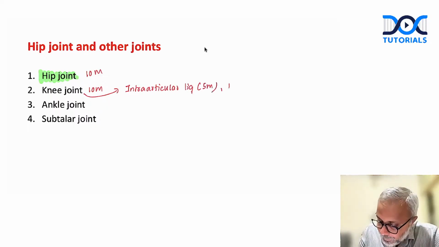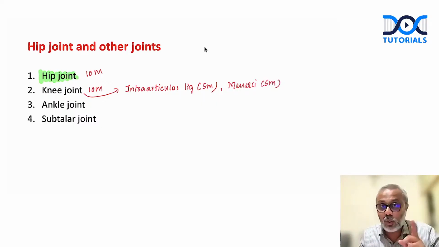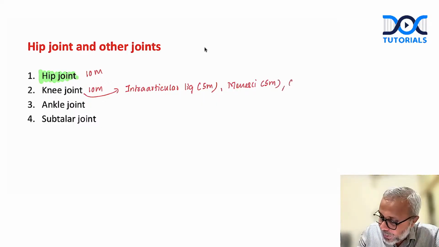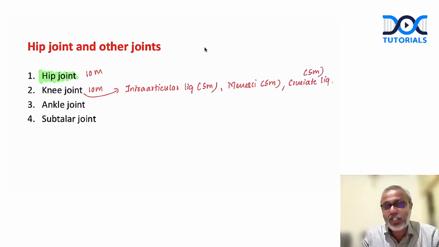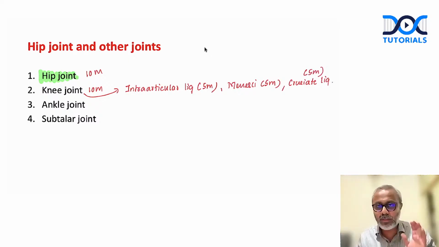Then the menisci of the knee joint, where they expect you to compare the medial and lateral meniscus, could be an important 5-marker. Then cruciate ligaments, the anterior and posterior cruciate ligaments, again the comparison could be one more important 5-marker question, right?